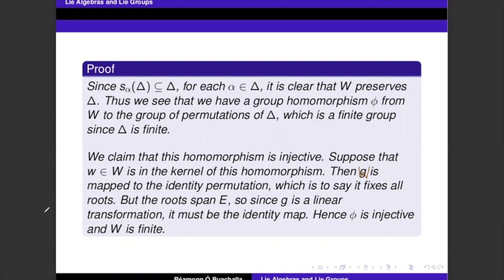So if something is in the kernel, its image under phi won't do anything. But the roots span E. So since w is a linear transformation, it must be the identity map. Hence, phi has to be injective and W is finite.